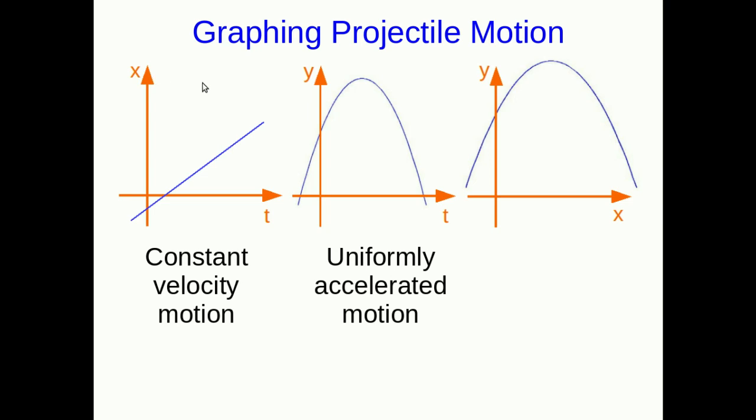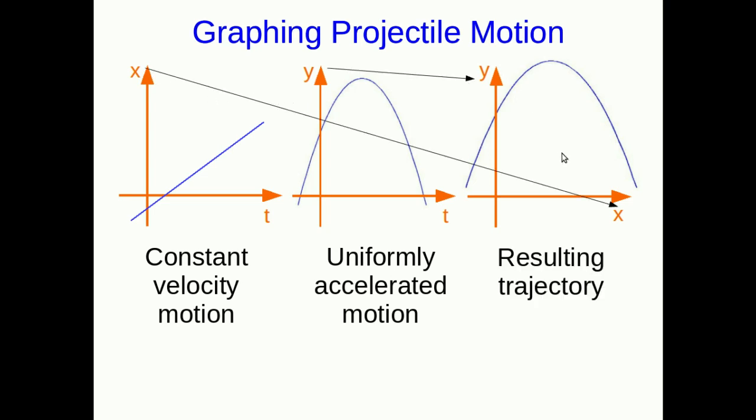And now when you combine those, you get this resulting trajectory. And I'll just say, a lot of students seem to associate the word trajectory with projectiles. It isn't. Trajectory just means the path followed through space by any object. And so in the particular case of a projectile, the trajectory is a parabola. But a trajectory can be basically any shape.